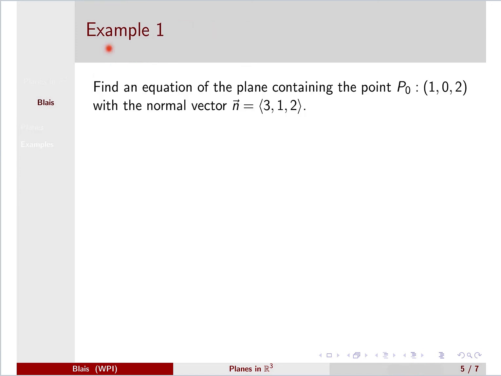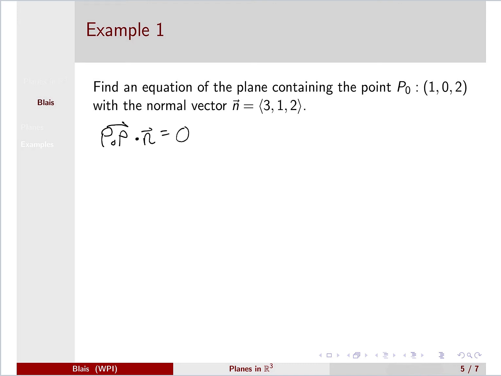Let's look at an example. Let's find an equation of the plane containing the point P naught (1, 0, 2) with the normal vector n (3, 1, 2). And this is a direct application of that definition. We know the equation of the plane is P0P dot n equals 0.